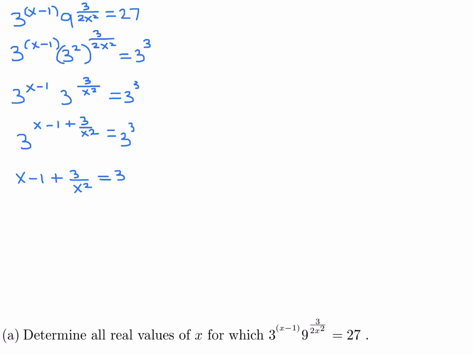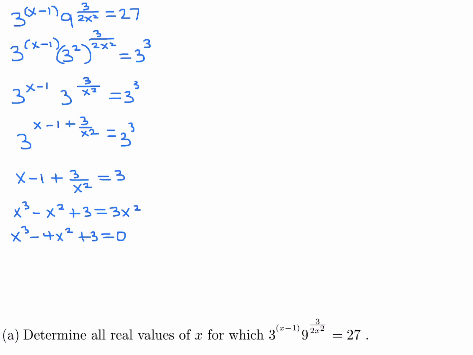Now, multiply through by x squared and collect like terms. And if you do that, you get x to the power 3 minus x squared plus 3 is equal to 3x squared. Putting everything on one side, you get x to the power 3 minus 4x squared plus 3 is equal to 0. So we have to find solutions of this.